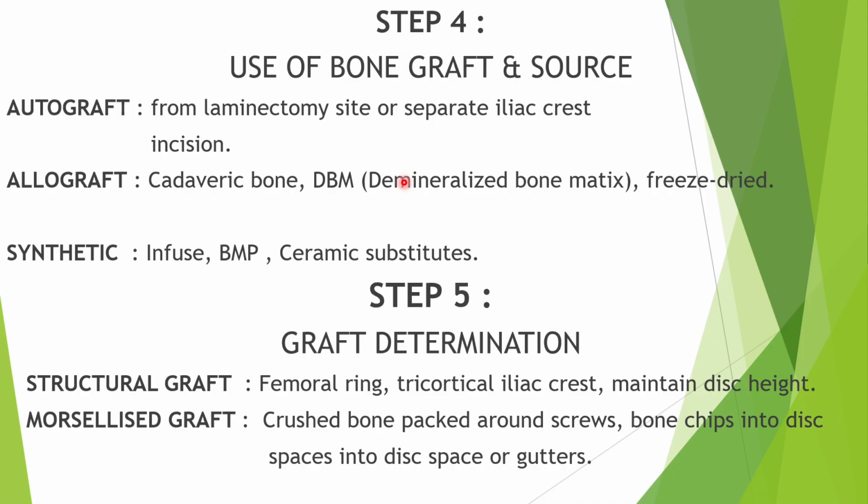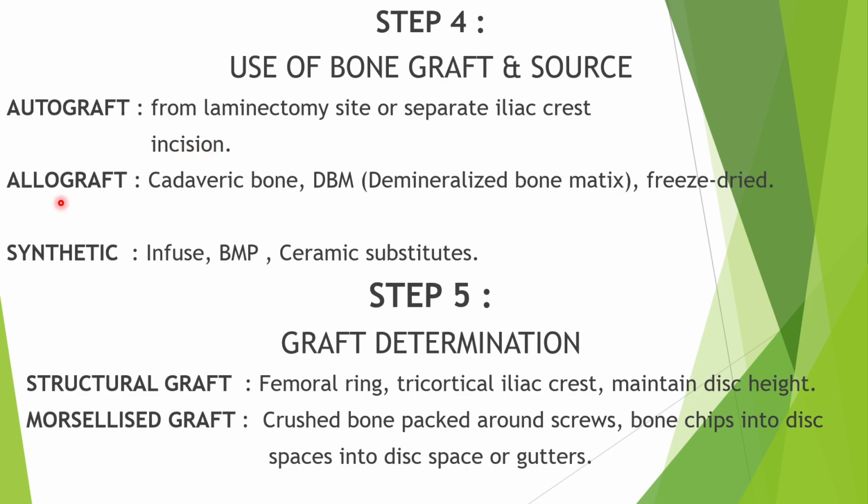Moving to the next, that is step 4, the use of bone graft and its source. The bone graft helps the two vertebrae to fuse into one solid bone, and there may be autograft, allograft, or synthetic graft. In the autograft, bone is taken from the patient's own body, as we know. Here the laminectomy site or the iliac crest site gives the best healing, with no risk of rejection.